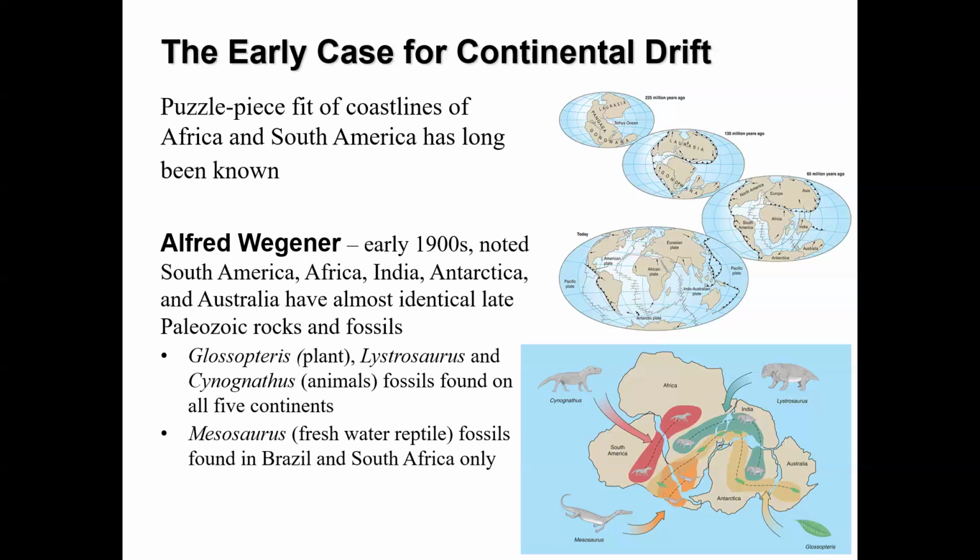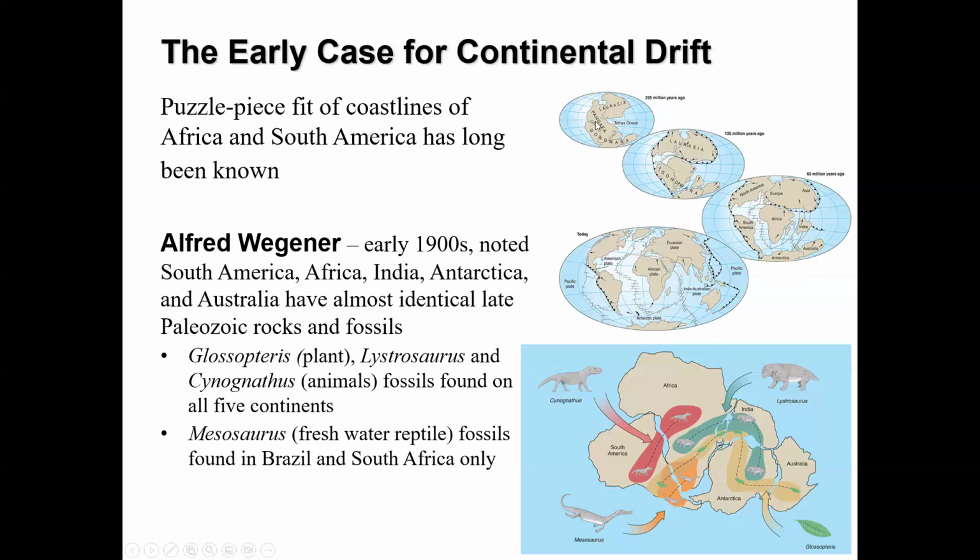If we use the law of lateral continuity, that tells us that these would have formed in the same place, because if they are currently separated by 3,000 miles of ocean, it's highly, highly unlikely that we would end up with the same sequence of rocks, the same sequence of fossils, the same structures within the rocks, in two completely different locations. So it makes much more sense for these continents to have once been together to create all of these different fossil assemblages and distributions and the same sequence of rocks across these land masses.